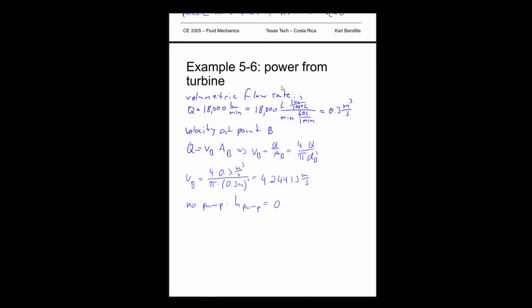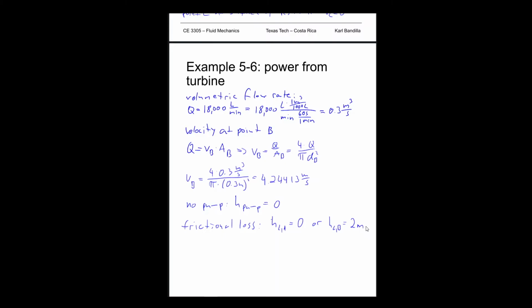So we have our friction loss in two different cases. Frictional loss is going to be either, maybe we'll call it HLA equal to 0, or HLB is equal to 2 meters.